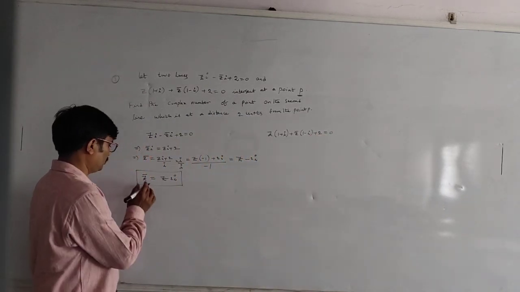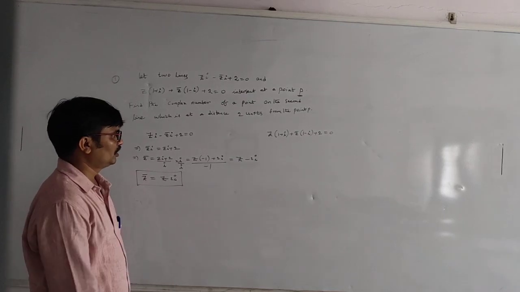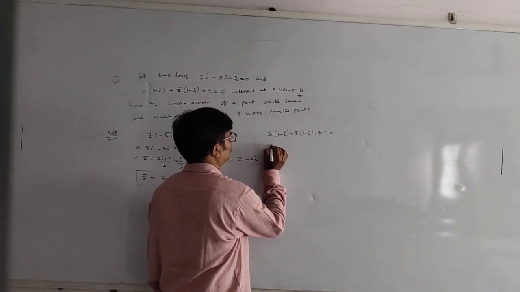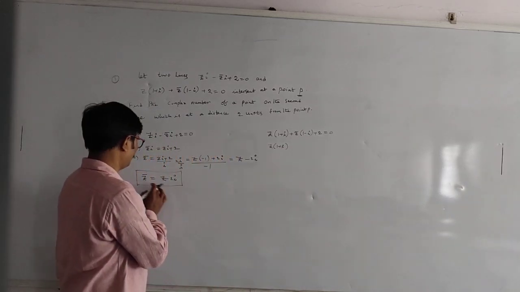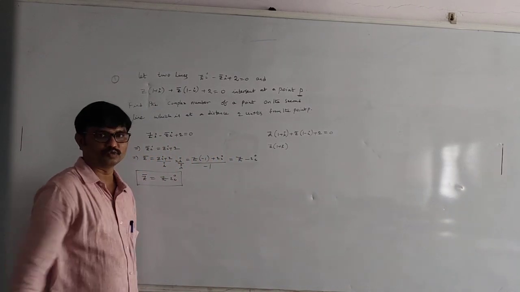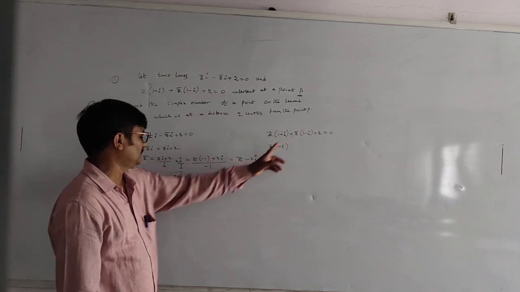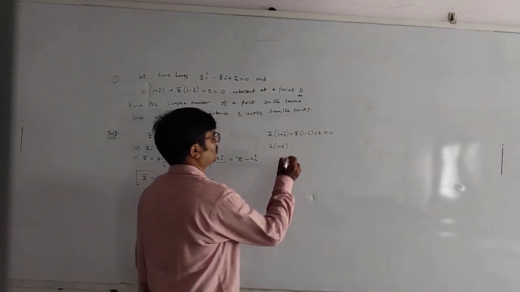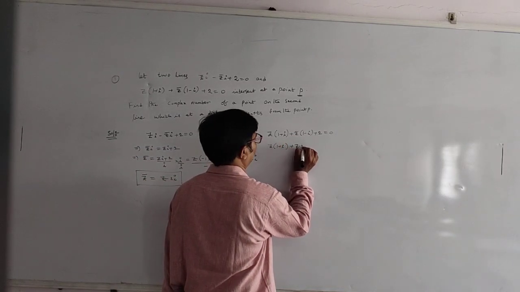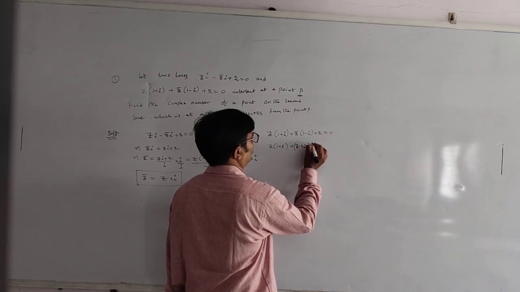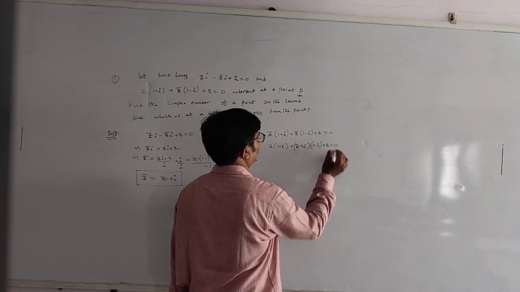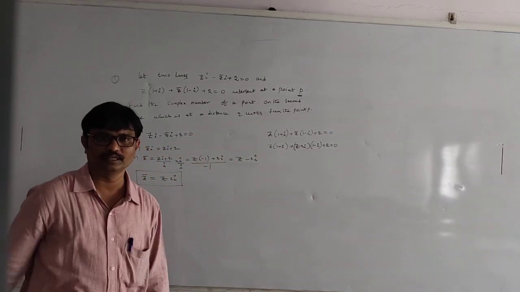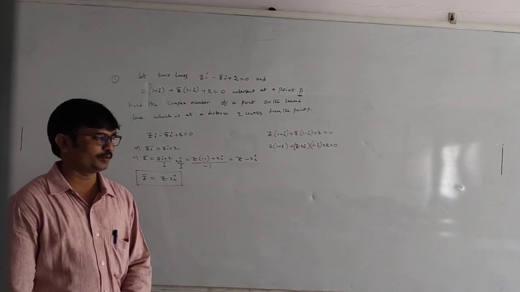Now what is the z bar, students? We are substituting z bar as z minus 2i. Replacing z bar by z minus 2i, we get z minus 2i into 1 minus i plus 2.